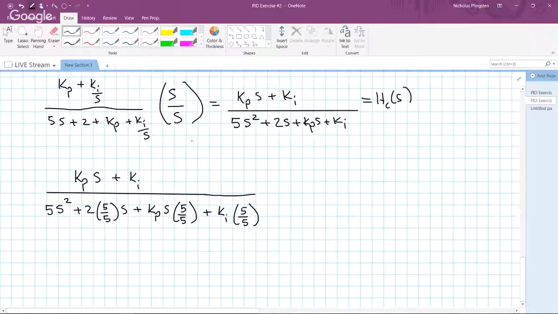I multiplied all the terms of the denominator by 1, but I did that by doing 5 over 5. And recalling that anything, the same thing over the same thing is 1. Infinity over infinity, 1 over 1, 5 over 5, it's 1. So that's allowed. I can do this.